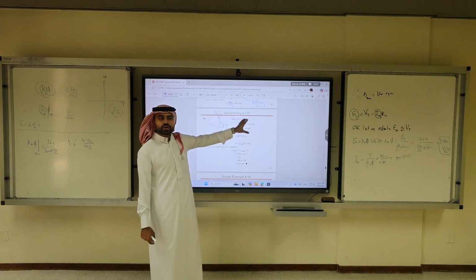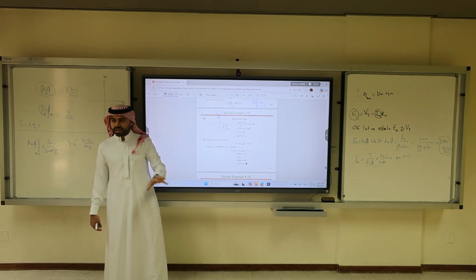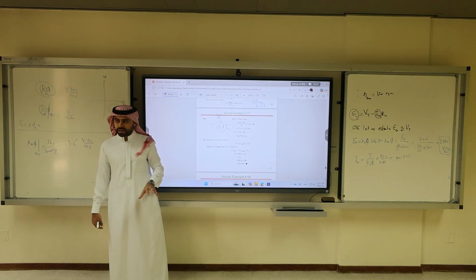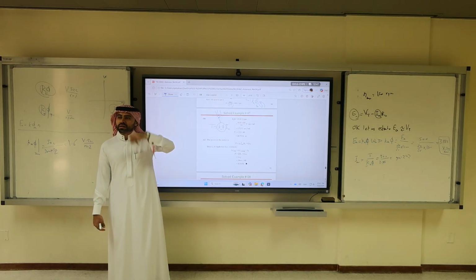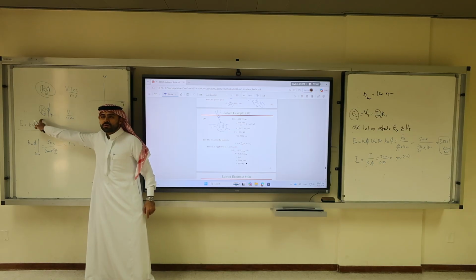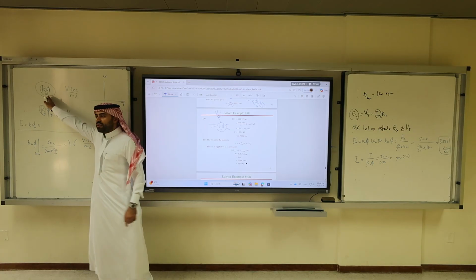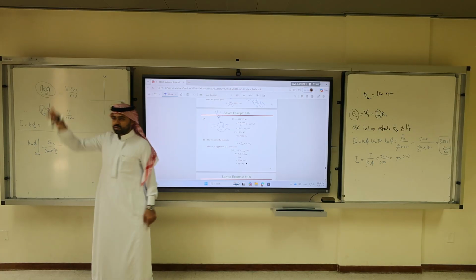Why? Because torque is a rotational quantity, you cannot apply it with the RPM constant. To be safe, convert everything to omega and use one constant.